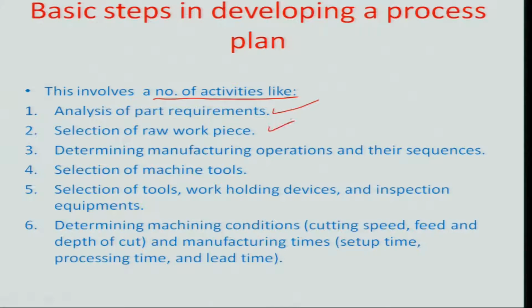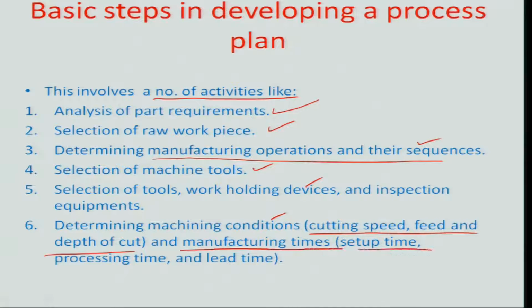Then you have selection of the raw workpiece, that means the material selection step, and determining manufacturing operations and their sequences. Most important step. You have the selection of machine tools. So selection of tools, work holding devices, inspection equipment, and then finally determining the machining conditions, for example, cutting speed, feed, depth of cut, and so on. Manufacturing lead times, which include setup time, processing time, lead time, and so on.